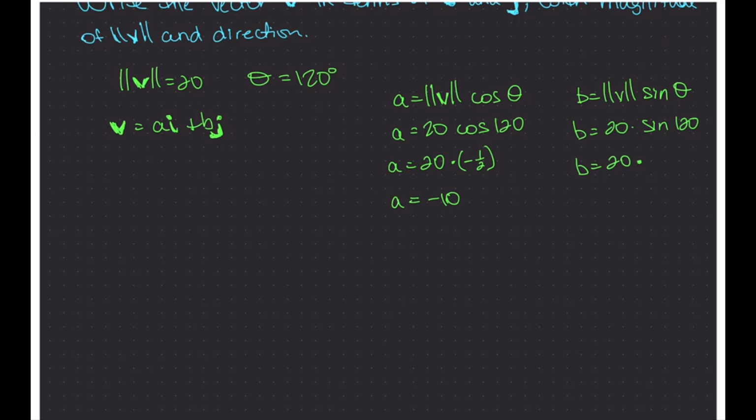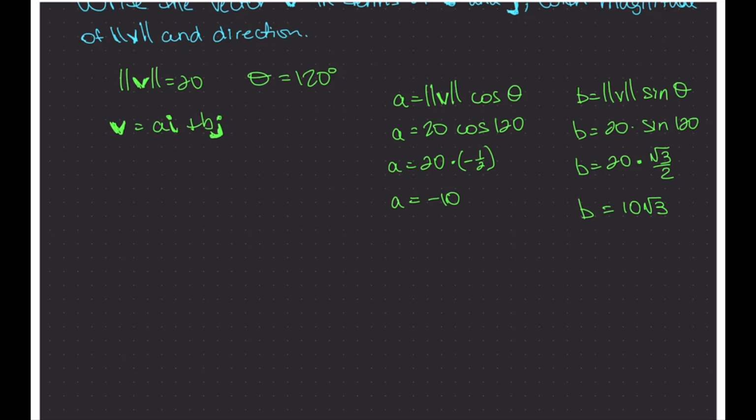So what's the sine of 120 degrees? Yeah, square root of 3 over 2. So our B is going to be, we can simplify that a little bit, 10 square root of 3, right?